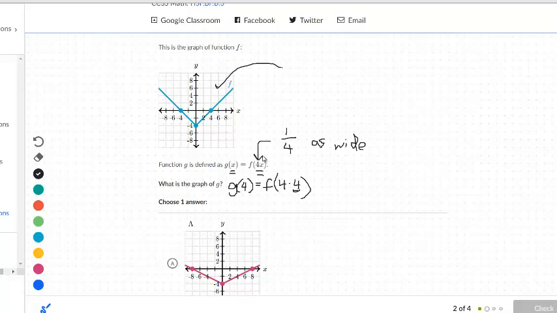Right? If I know it's going to be 1/4 as wide, my point that's going on here, remember this point's going to be locked in. Our y-intercept is locked in. This is not changing because our x at this point is 0, and 0 times anything is still going to be the same. So our vertex here is locked in at 0, -4. Any y-intercept in these is locked in.